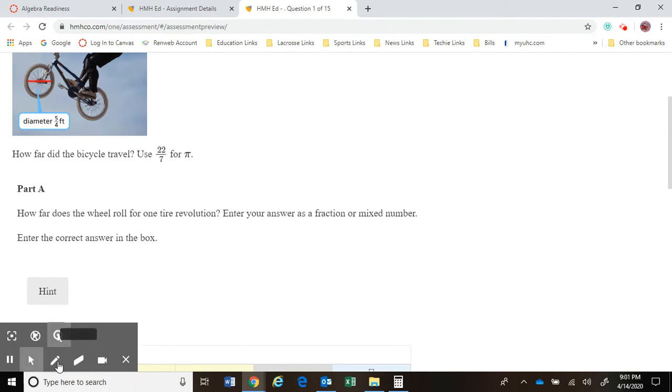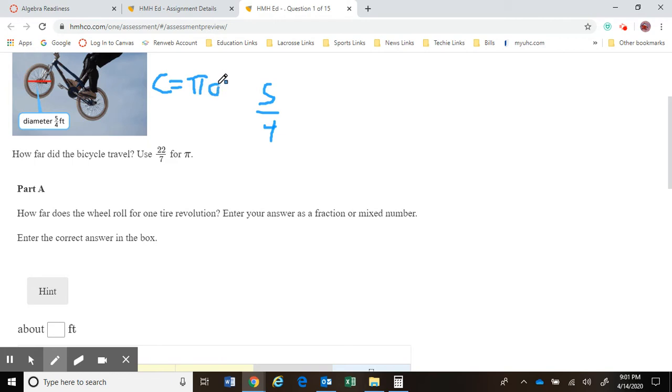So I'm going to enter it as a fraction, and it says enter the correct answer in the box below. All right, so let's see. I've got 5/4, and first of all, I know that circumference C equals pi times diameter. Circumference is always pi times diameter. So let's see, 5/4 times 22/7.